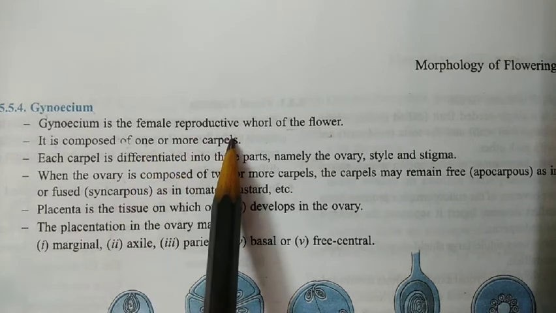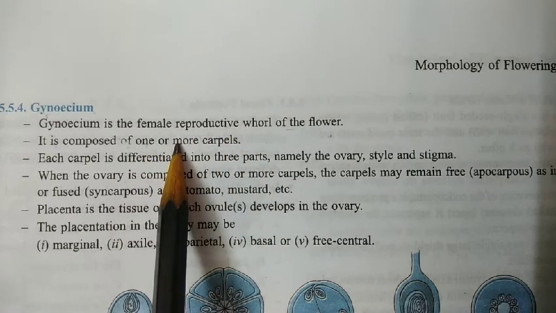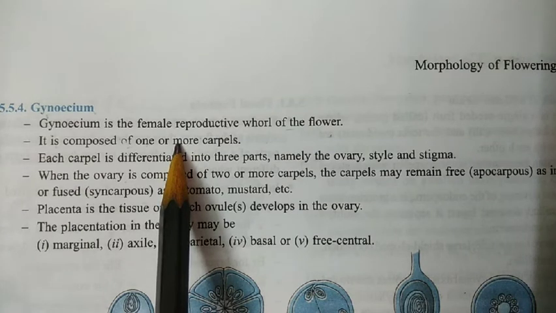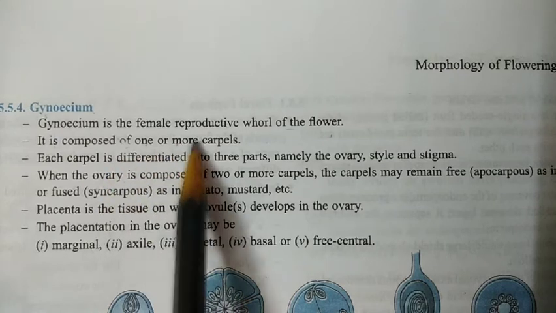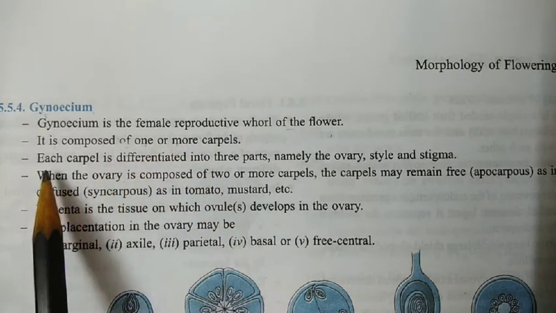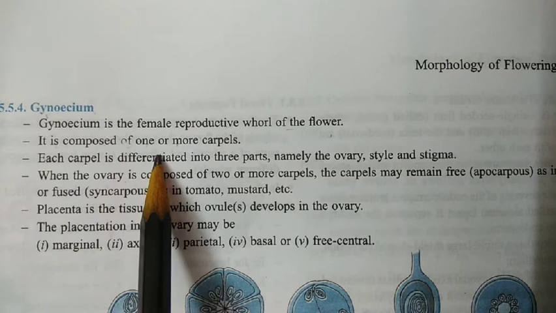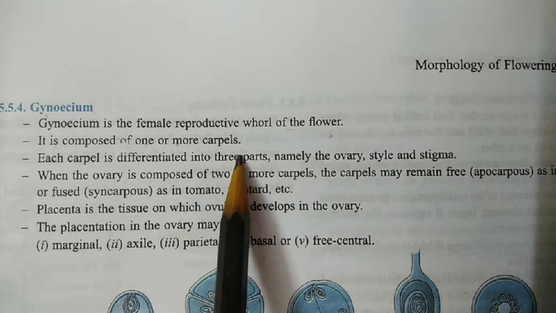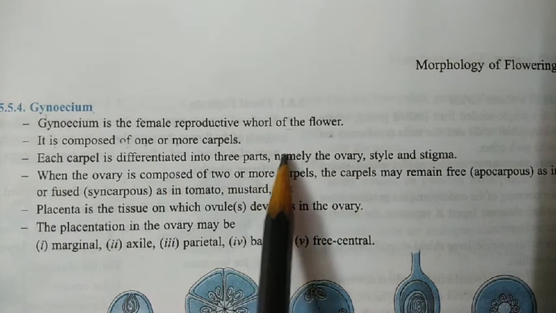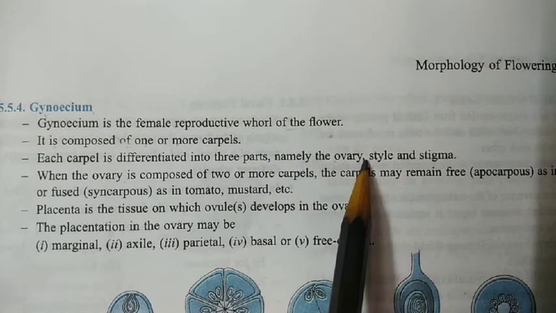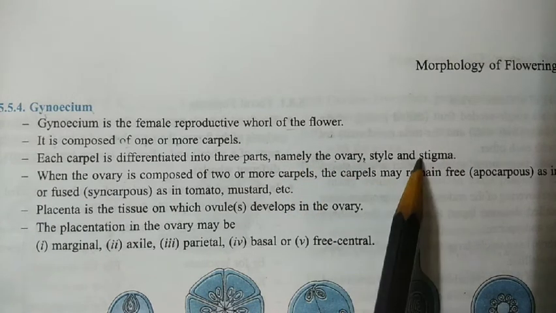And if it contains more than one carpel, then it is called multicarpellary or polycarpellary. Each carpel is differentiated into three parts, namely the ovary, style, and stigma.